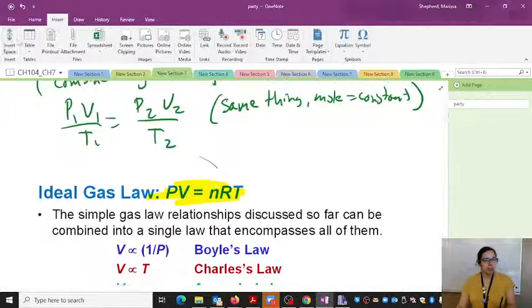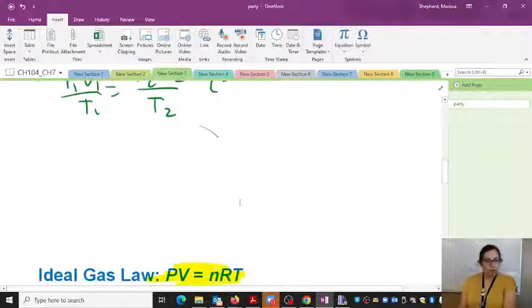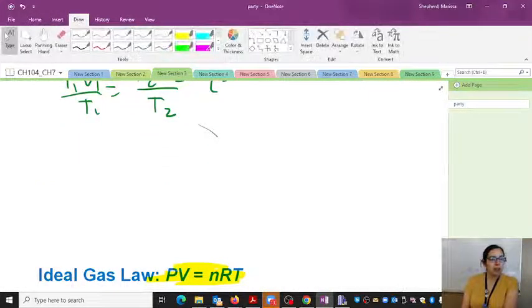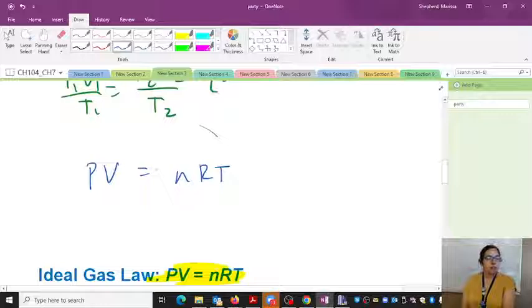So the other thing that's pretty useful, let's say you had trouble remembering who's direct, who's indirect. Well, we set up our PV equals nRT again. What do you notice about pressure and volume? They multiply, so that means they're on the same side.